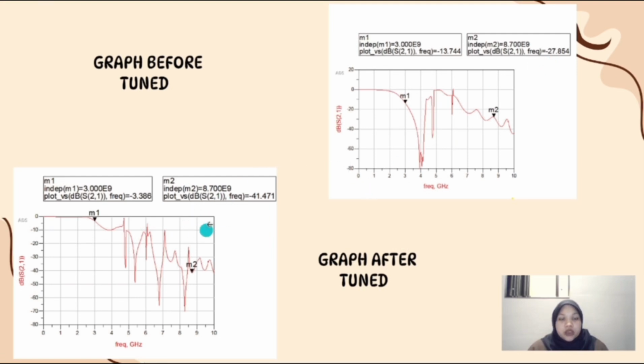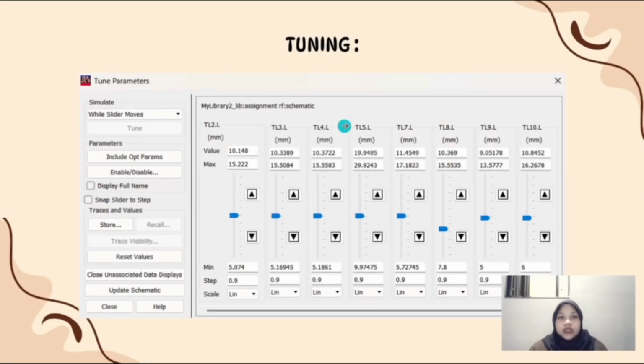After we tune the graph, we got M1 at 3 GHz and the value is negative 33.386, and for M2 we got 8.7 and the value we got is negative 41.471. This is the tuning that we already did, and this is the value we got.